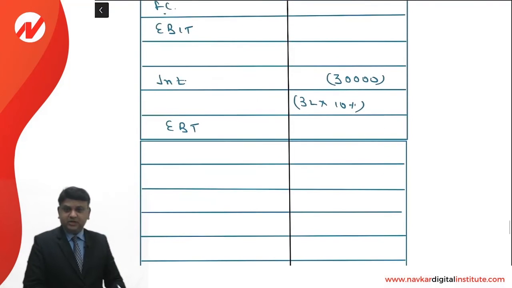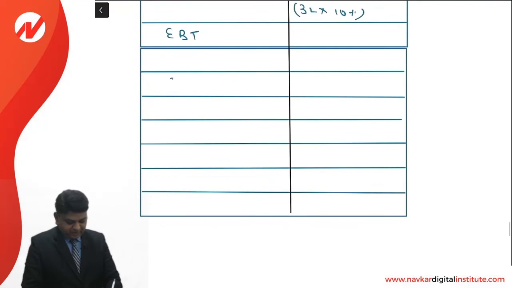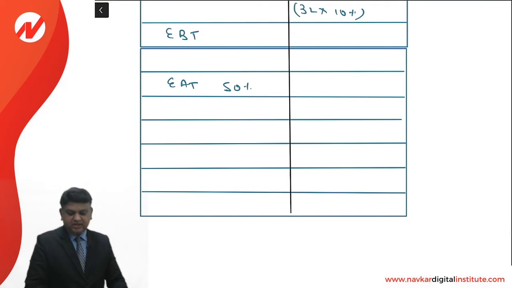Income tax rate is only 50%. So earning after taxes is remaining 50%. Dear students, I have already explained to you that EBT minus tax is EAT. So there is no need to calculate the tax because earning after taxes is half of EBT in this question.